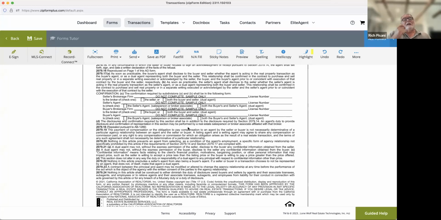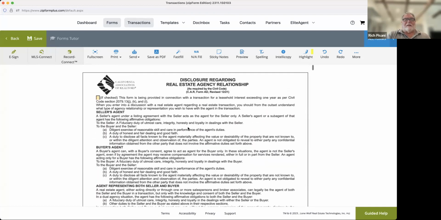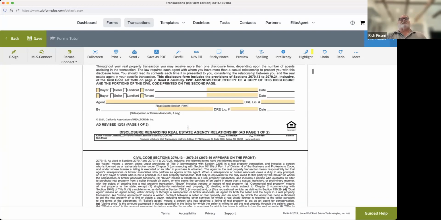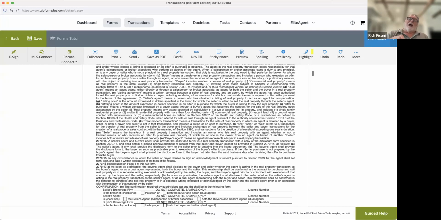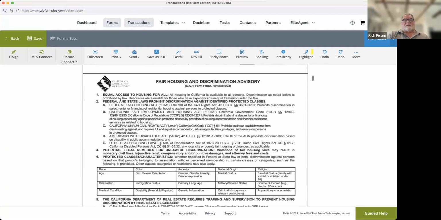The first part of the law is to disclose that there is an agency relationship and the types of agency relationship. The second part of the law is to confirm which agency relationship you have with the client. And always remember that the agency relationship is with the brokerage, not with the agent themselves. Even though the agent signs, it's with the brokerage.